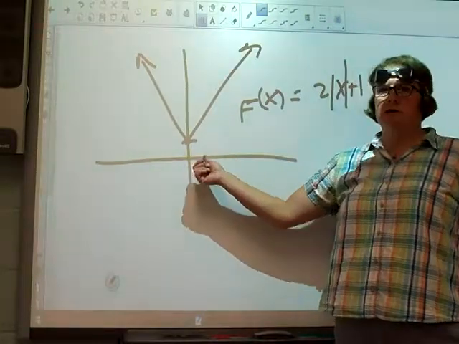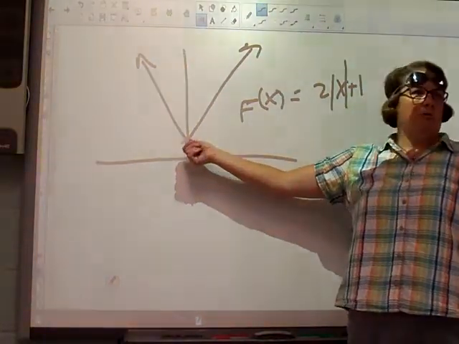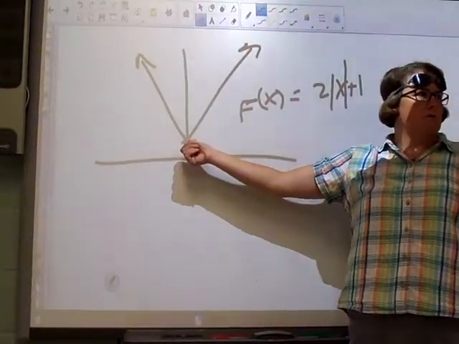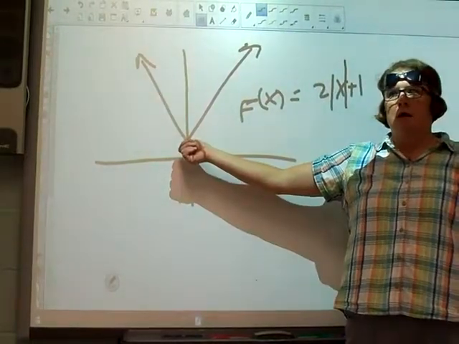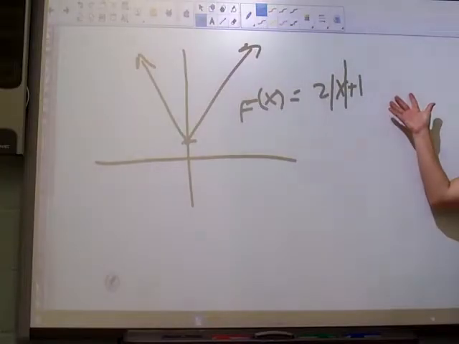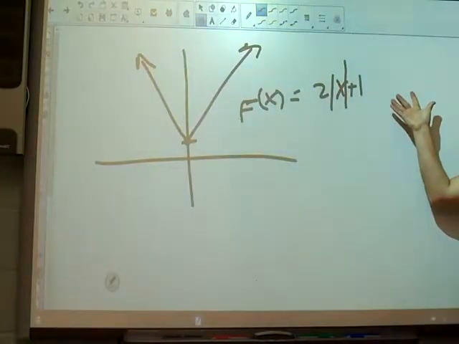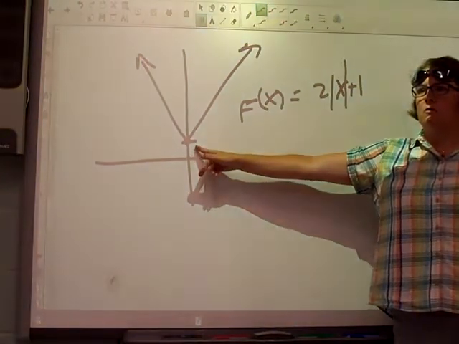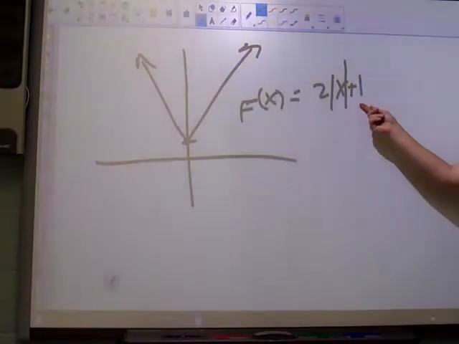Now, how is this one different from the parent function? It started up at 1 instead of the origin, so it scooted up, right? This is scooted up 1 from the origin, and we've got a +1 stuck on the end.